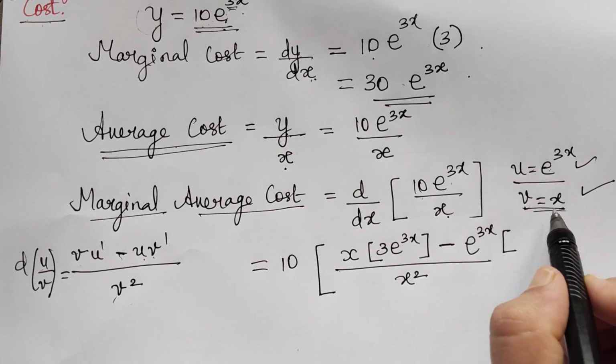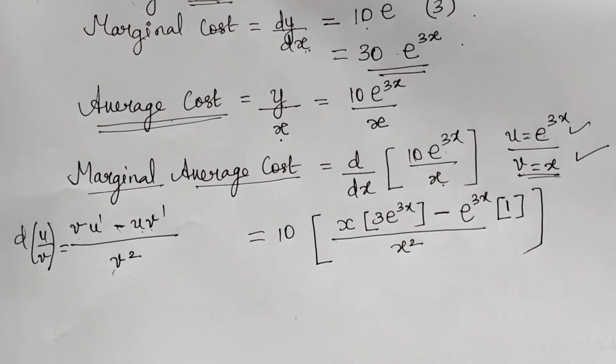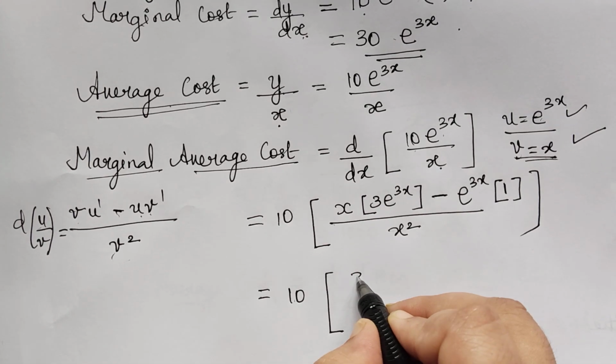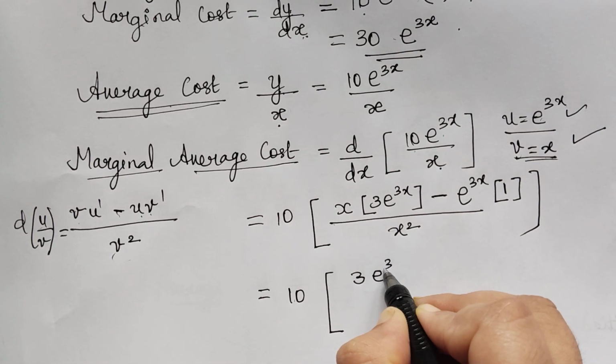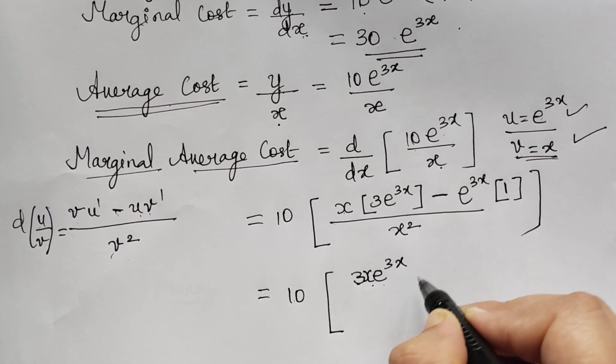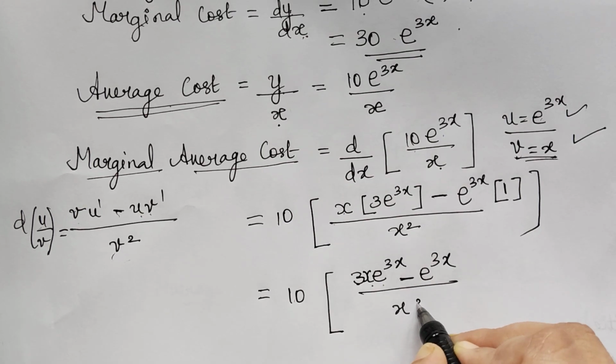So v is x, so when differentiated it becomes 1. Therefore this will be equal to 10 multiplied with 3x e to the power 3x minus e power 3x, the whole divided by x square.